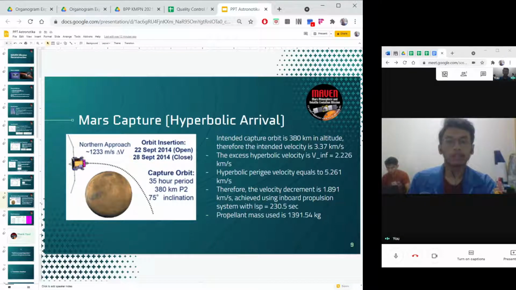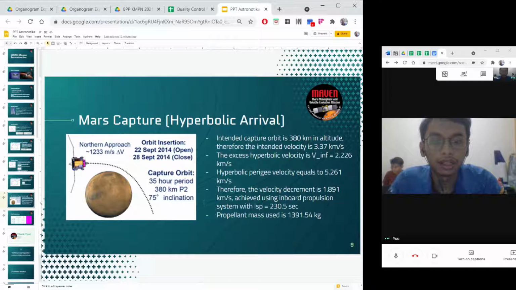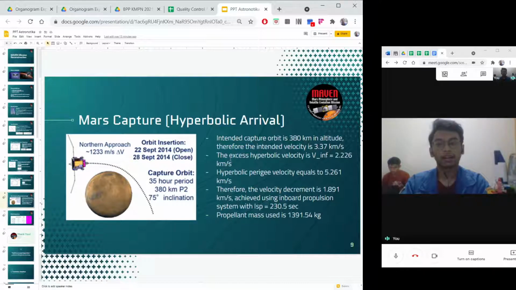In the capturing process, the intended capture orbit has an altitude of 380 kilometers. Therefore, we could calculate the intended orbit velocity using the Vis-Viva integral, which is 3.4 km per second. From the heliocentric trajectory, we could calculate its relative velocity to the Mars orbit, and we obtain its excess hyperbolic velocity, or V infinity, which is 2.23 km per second.